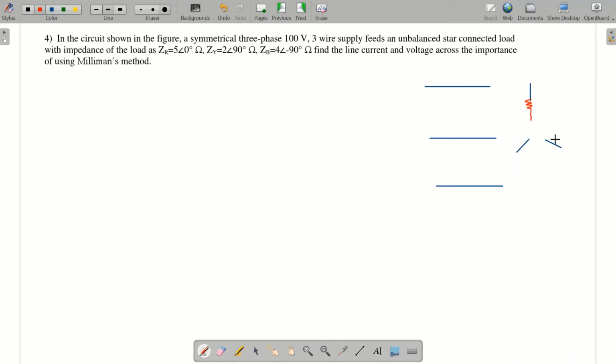Resistor, in phase B inductor is there, in phase C a capacitor is there. This is the same problem we solved in the last problem itself. We will see the question.